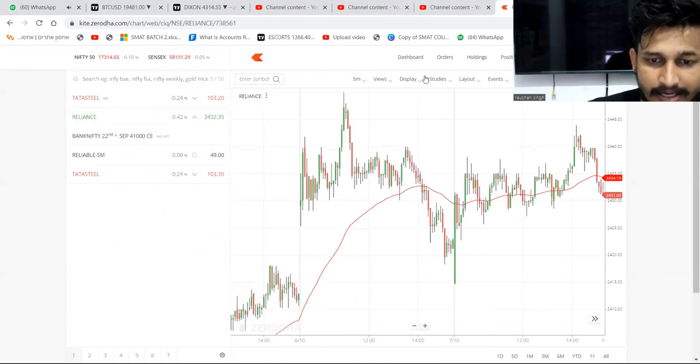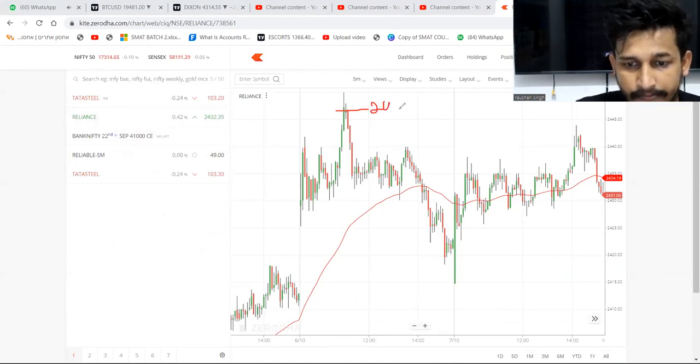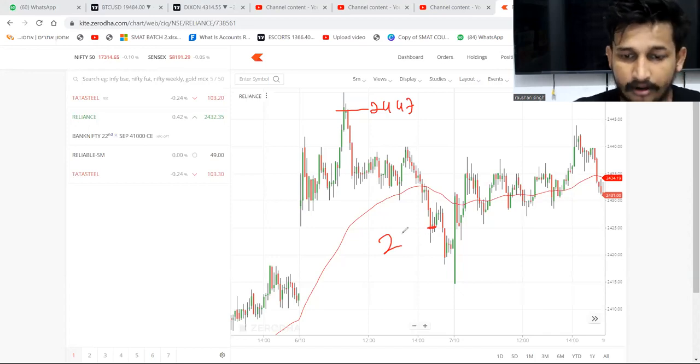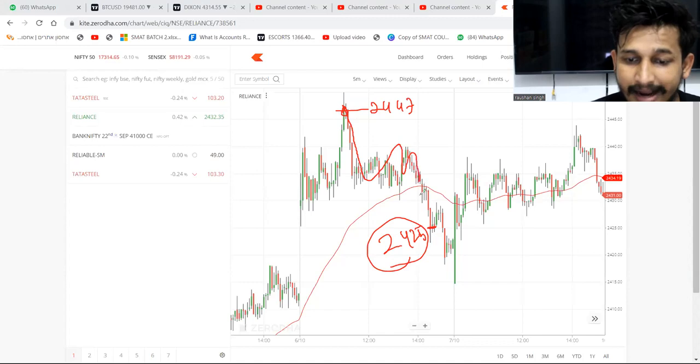Let's consider that at this point of time the market is moving around 2447, but I want to buy at 2425. I want to buy Reliance at this price, so whenever the Reliance price comes to 2425, I will be buying at that point.